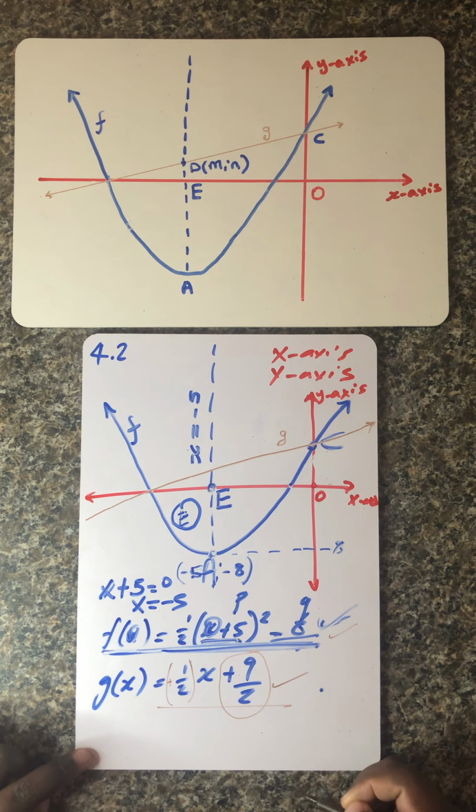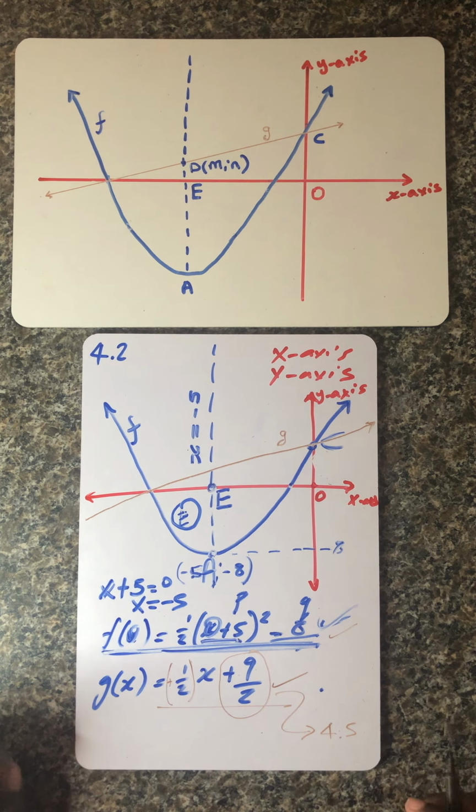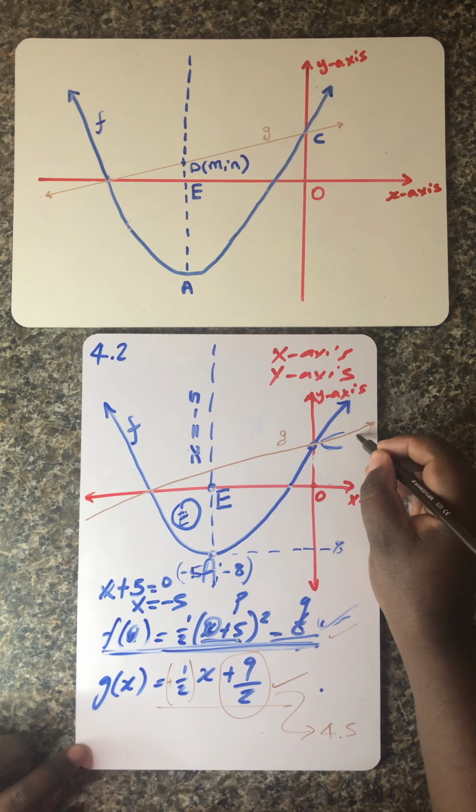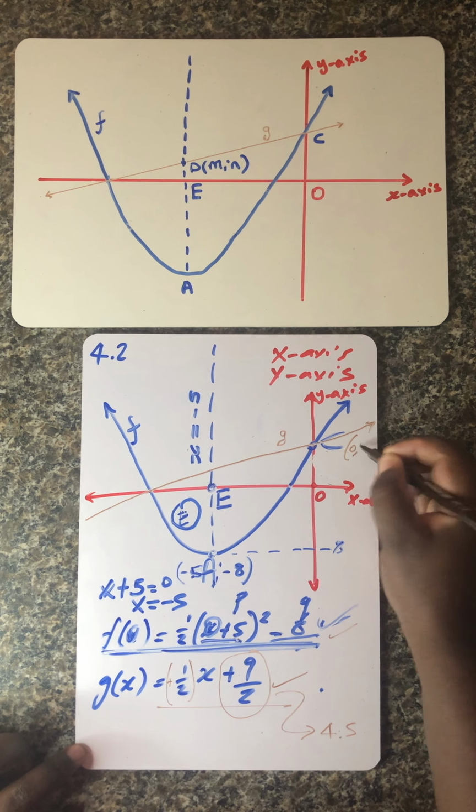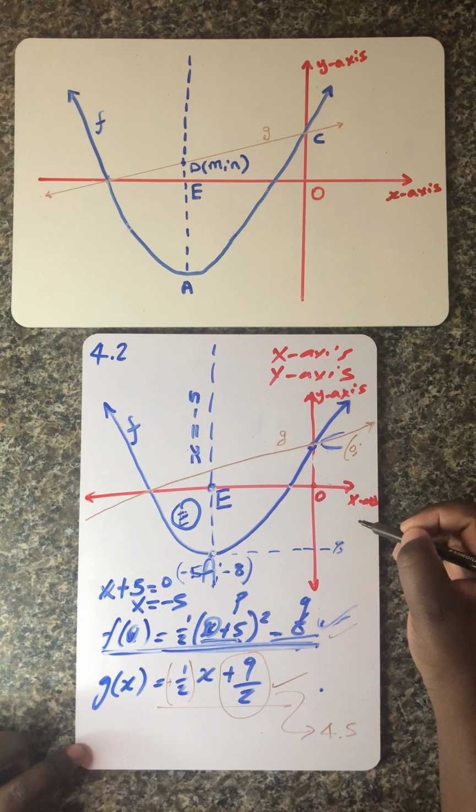What is positive 9/2 in decimal? This is 4.5. So that means at C we already know the x value at that point is 0.